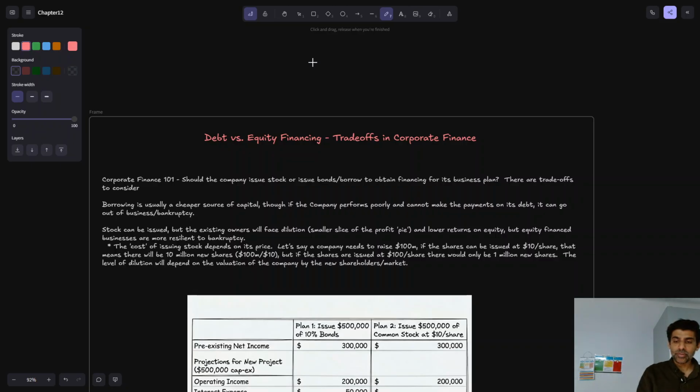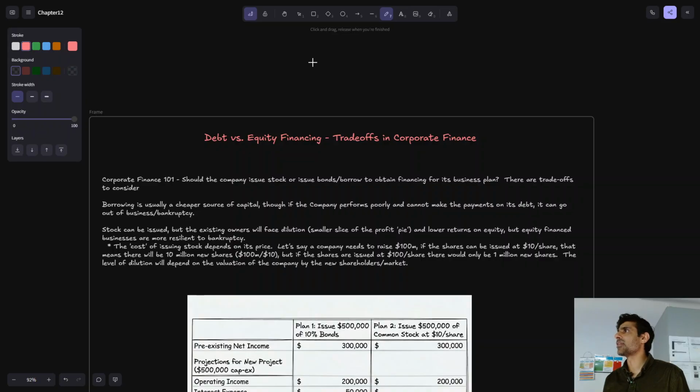Okay, this is probably the most important part of the chapter. It's not really on your homework or anything, but conceptually, understanding why a company would even issue debt in the first place, because you're paying interest on it, right? So why would you ever do it? Why not just sell stock?